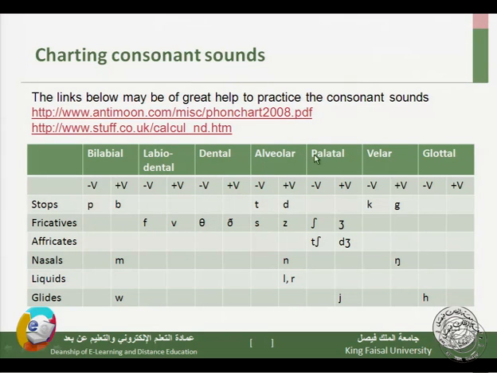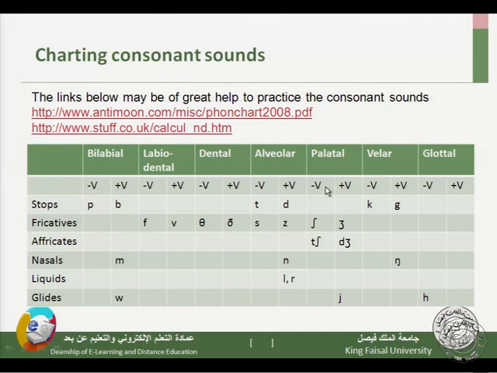Concerning the alveolars, we have t and s, which are voiceless. D, z, and n, l, r are voiced sounds.